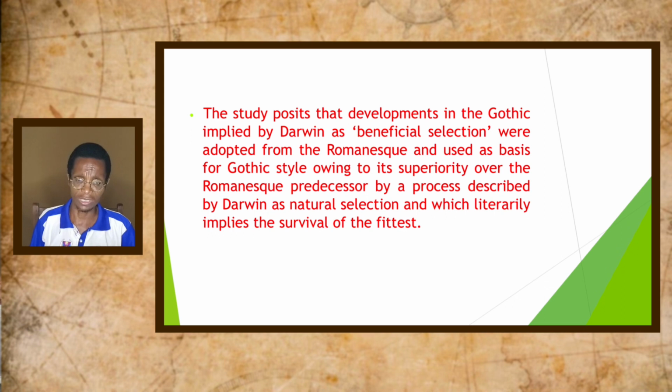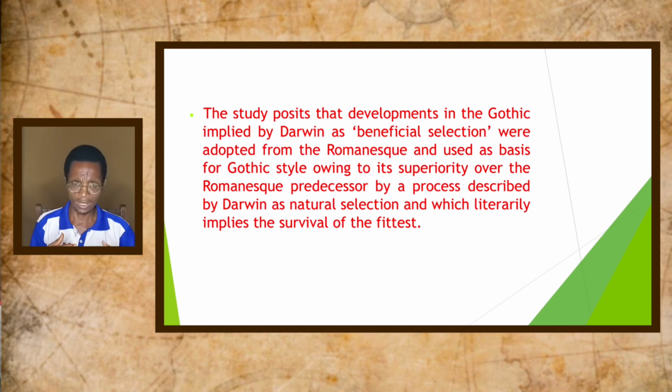Then going forward, the study wants to examine the relationship between these structural modifications against the backdrop of Darwin's theory. Darwin's theory is a theory that persists that trend in evolution is as a result of the preceding genre adopting some of the qualities and characteristics of its predecessor.